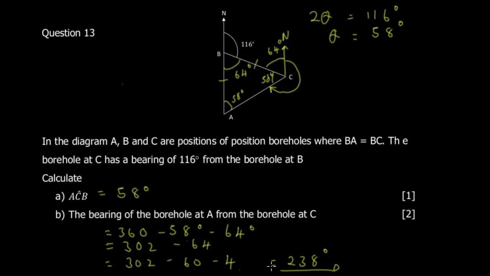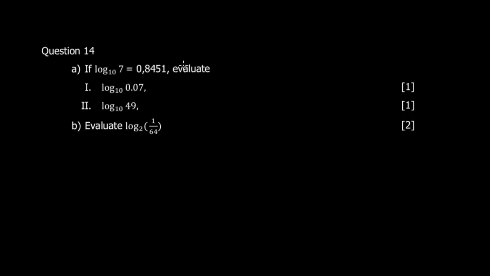Let's quickly move to question 14. So we're given this log. This is also a popular question, so take note of it very carefully. We're given this value for this log, and then we evaluate this. What they are trying to have you do is manipulate this such that it's similar to this, so that you can substitute.